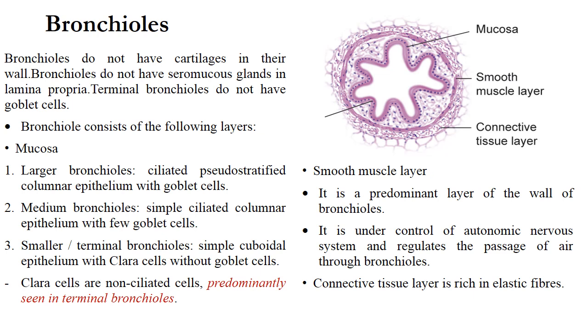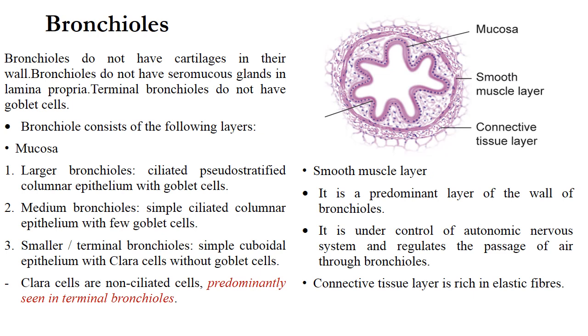It is under the control of the autonomic nervous system. It regulates the passage of air through the bronchioles. So the parasympathetic causes bronchoconstriction and the sympathetic causes bronchodilation.